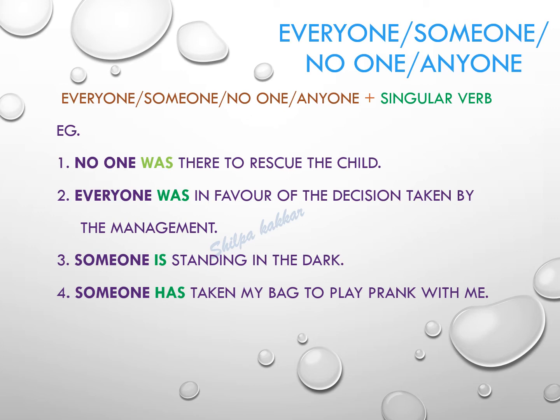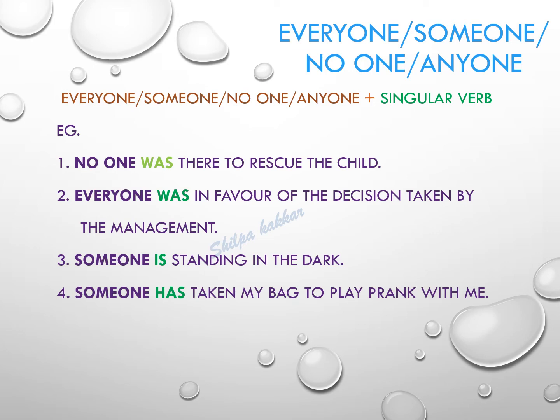Everyone was in favor of the decision taken by the management. Here we are talking about everyone, but we are talking about each and every person. That is singular. And that is why we have to keep in mind while using the word everyone: do not make the mistake of writing everyone are or everyone were.